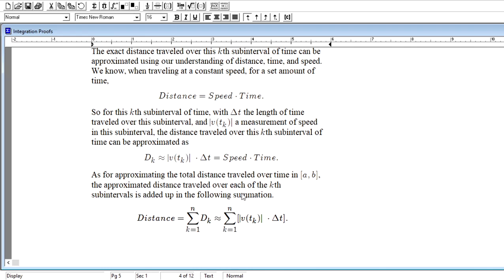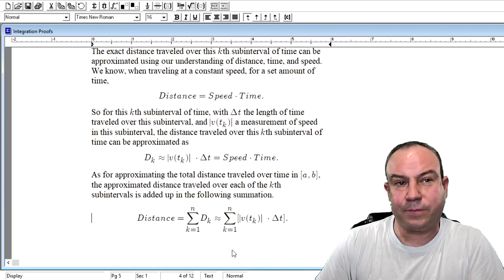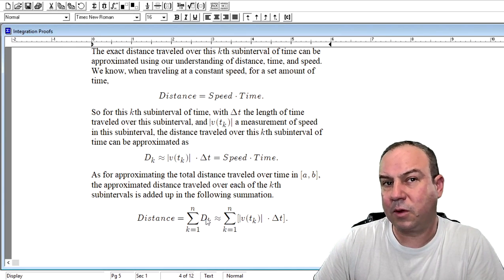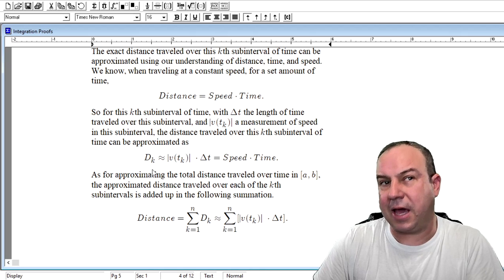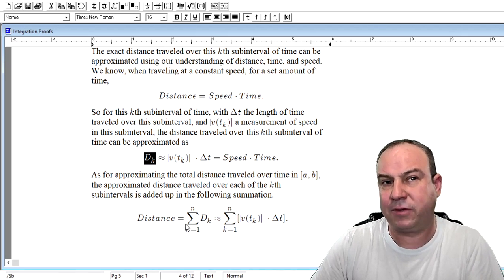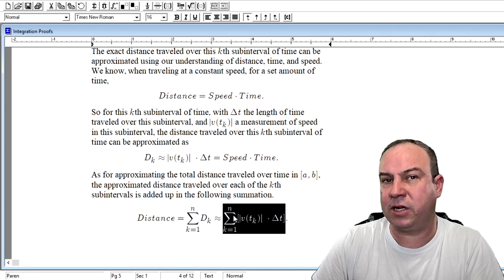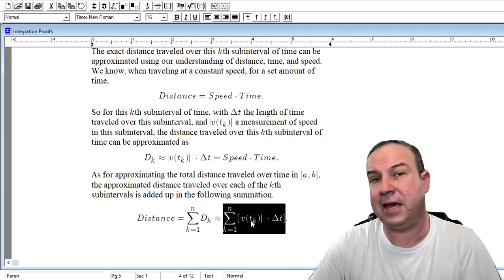When we think about total distance, it can then be thought of as this summation from k equals 1 to n for d sub k. D sub k again being the distance traveled on each of the k subintervals all summed, where we can approximate that by summing over each of our approximations for d sub k.